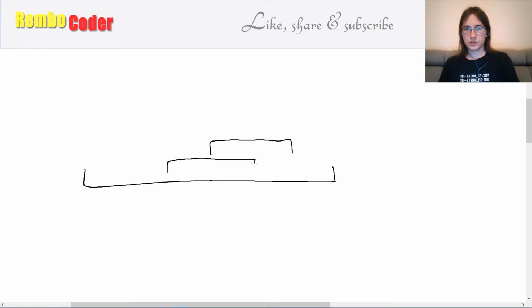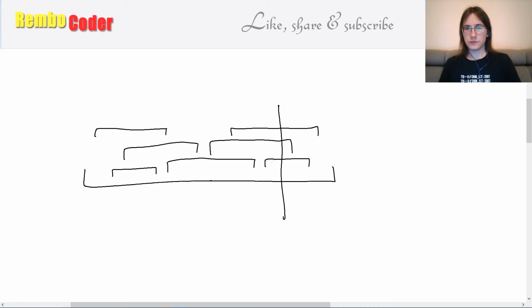And let's draw all such segments. Now, when I consider some prefix of a string, I can choose any of the segments that cover this position. For example, this segment gives me a palindrome with such right border and with such center. And this segment gives me a palindrome with such center.